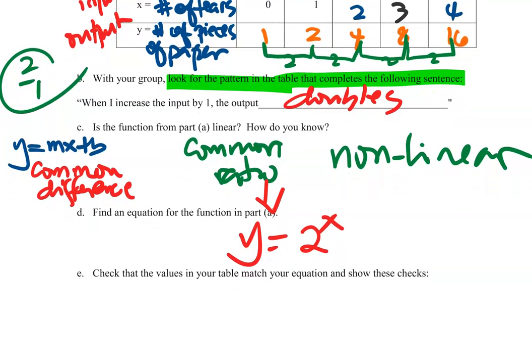Okay, let's check the values in your table to see if they match the equation and show these checks. Let's start at 0: 2 raised to 0. Any number raised to 0 is equal to 1. So this is correct.